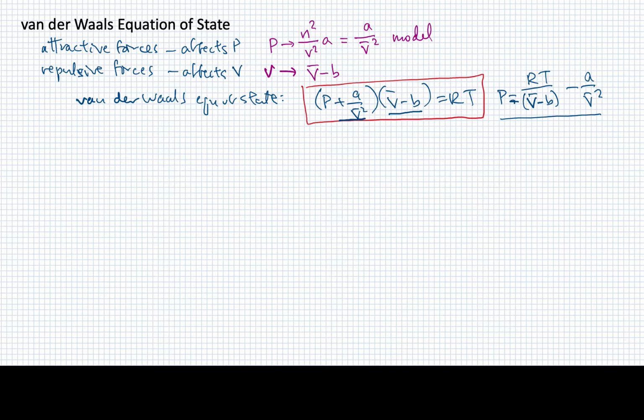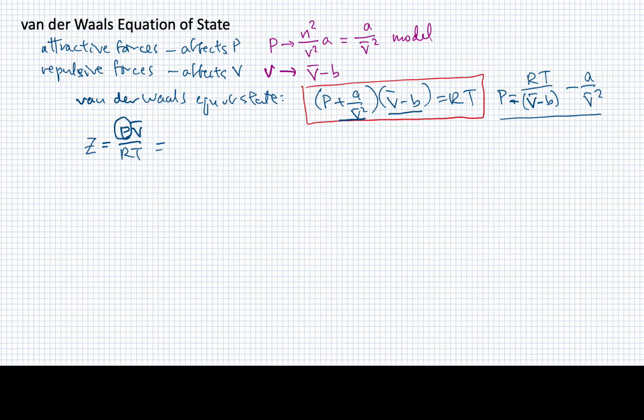What we're after in all of this is to redefine our compressibility factor. I'll remind you that it was just equal to pressure times volume over RT. But now I'll substitute the van der Waals expression for the pressure and write it as follows.